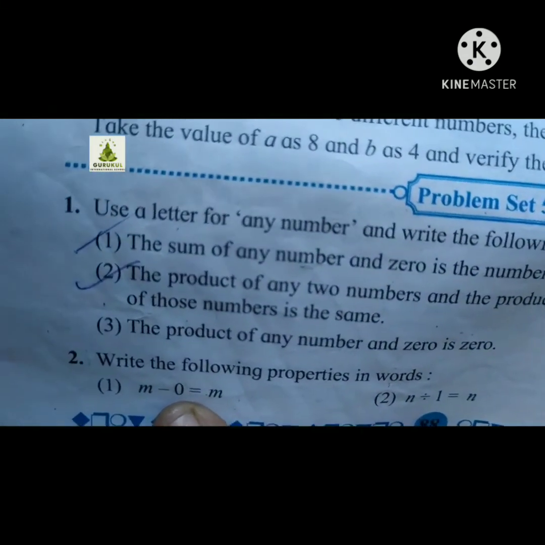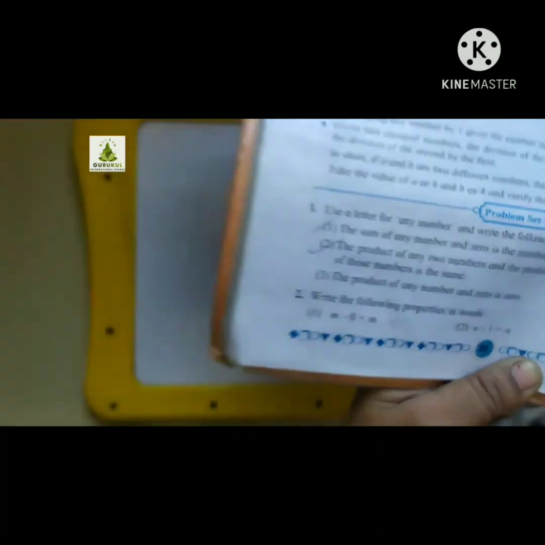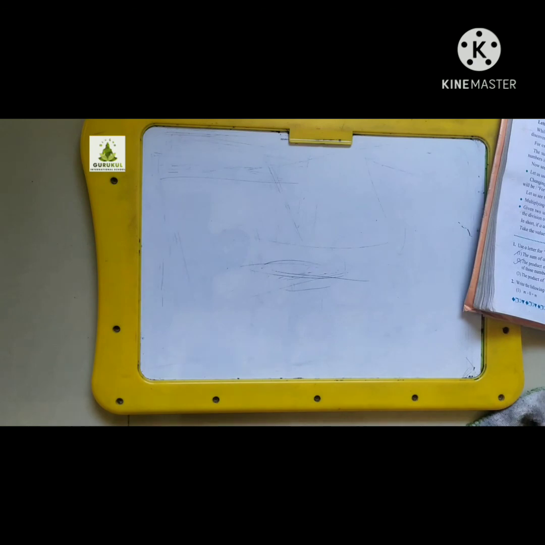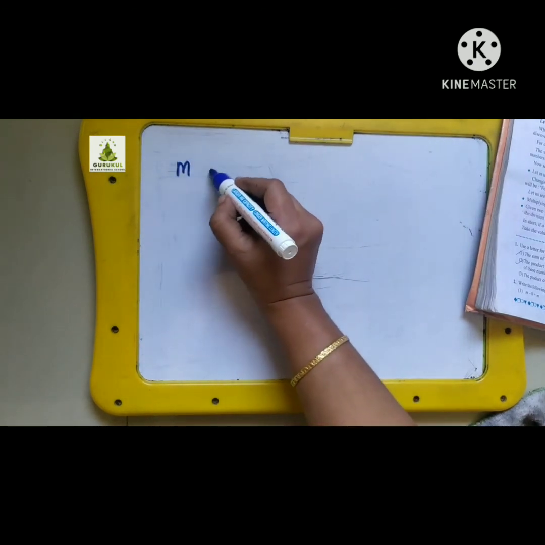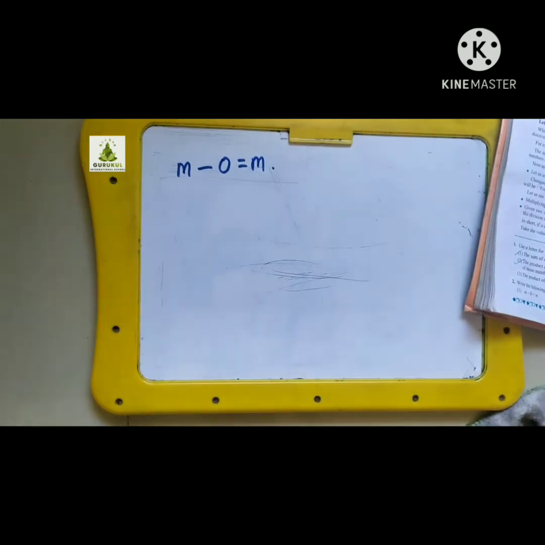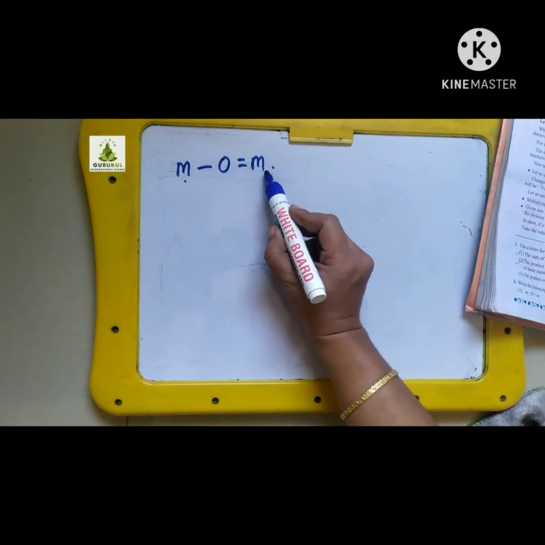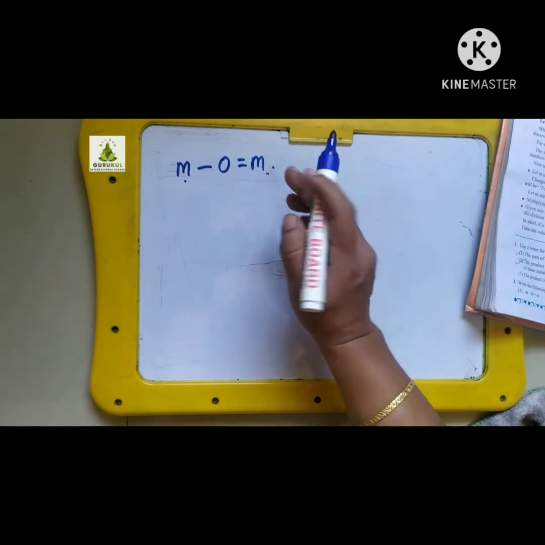Now the second part. Write the following properties in words. The property is given to you, and what is the property telling you? That m minus 0 is equal to m. Here m is any number and the answer obtained is also that number itself.